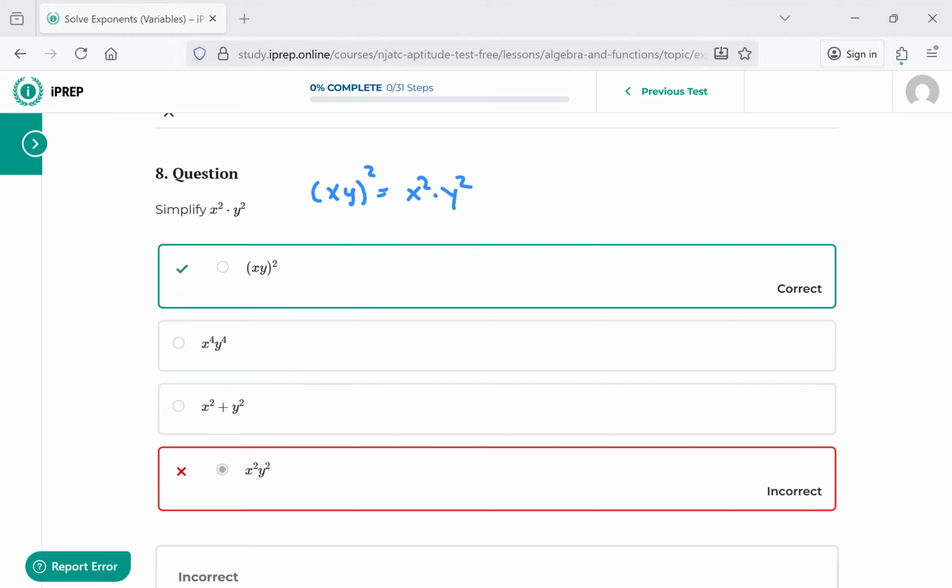So be careful with this one. Even though I think this is partially right, they want it like this. If they had the problem like this on the test, that would suck. They should at least give you some points, but yeah, this is the same thing as (xy) squared. So the first one.